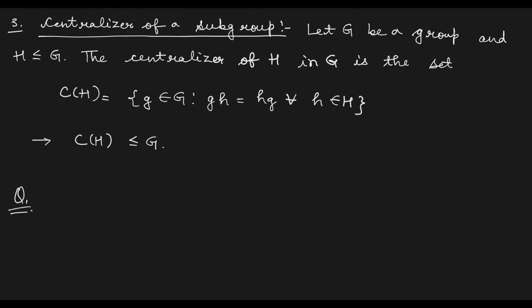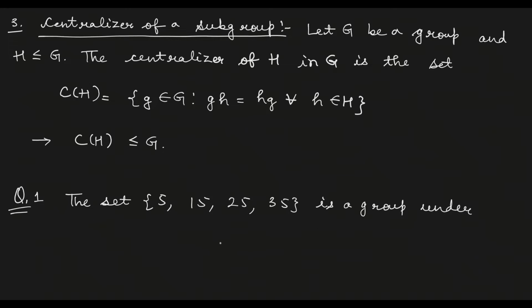Let us practice some questions. This set {5, 15, 25, 35} is a group under multiplication modulo 40.